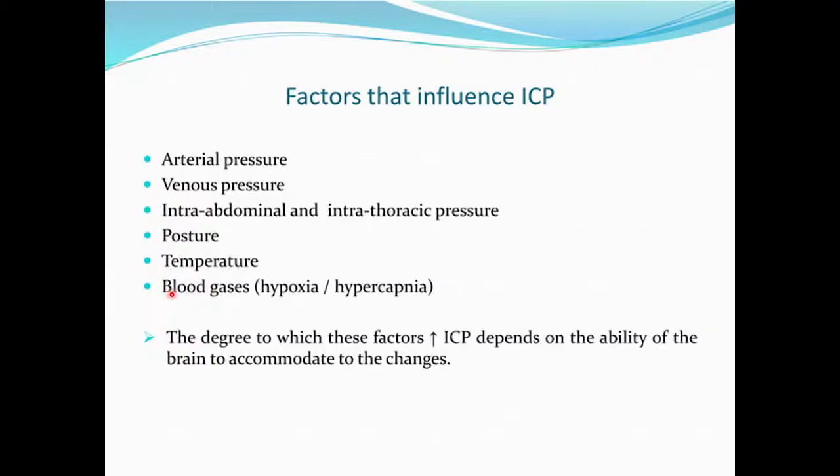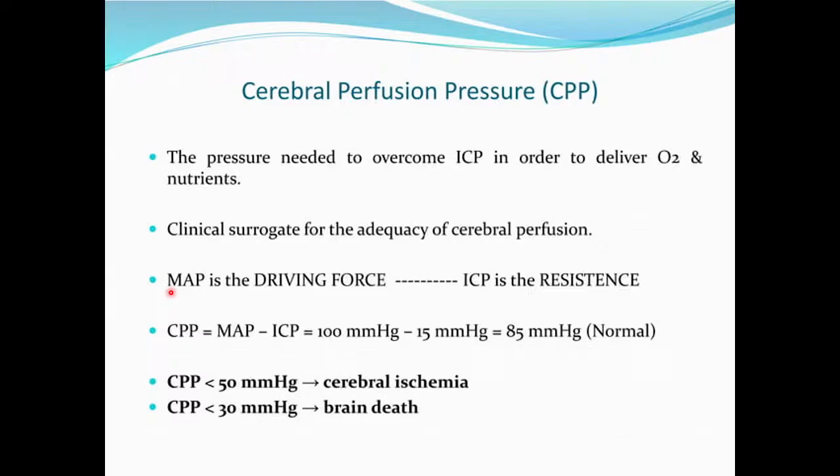Hypoxia and hypercapnia. Hypercapnia increases the volume of venous blood flow, and hypoxia causes constriction of the arteries inside the brain that can lead to changes in the intracranial pressure. So, the most important thing is what is cerebral perfusion pressure.